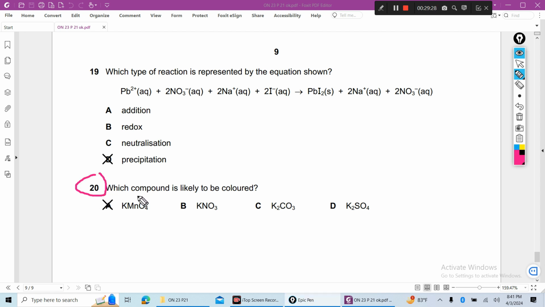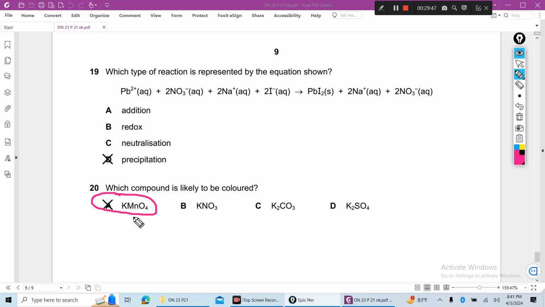Then next, which compound is likely to be colored? You know which compounds are colored? Transition metal containing compounds are colored. So here the answer will be KMnO4.